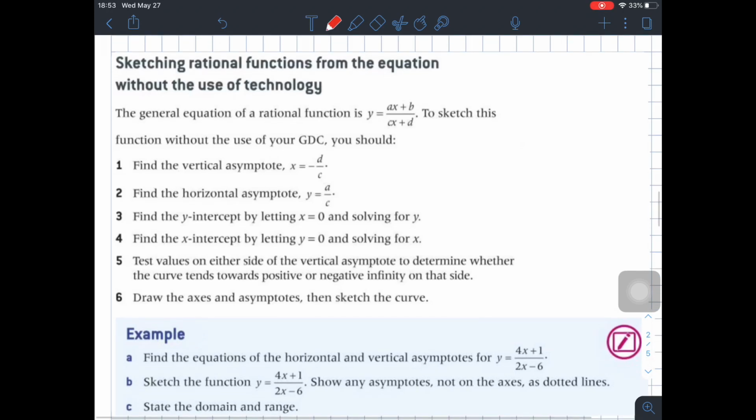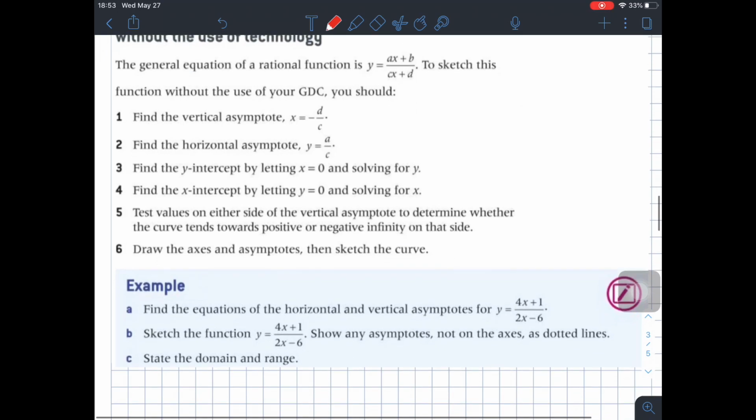It says the general equation of a rational function is y equals ax plus b divided by cx plus d. To sketch this function without the use of a GDC, these are the 6 steps that you need to remember, but you'll see that they are basic things, not very complicated to do.